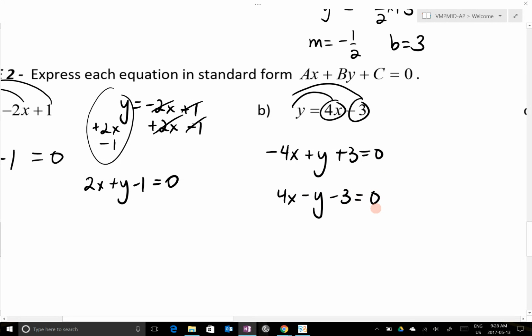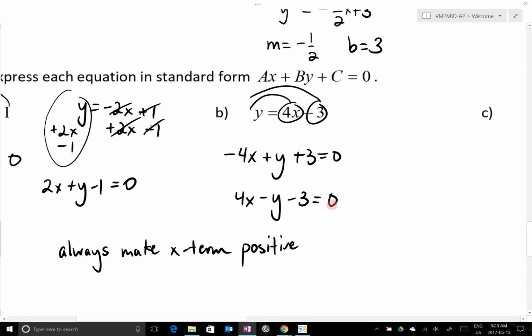So move the terms to the side where the x term will be positive. So always make the x term positive. And so for this one, I just said multiply by negative 1.